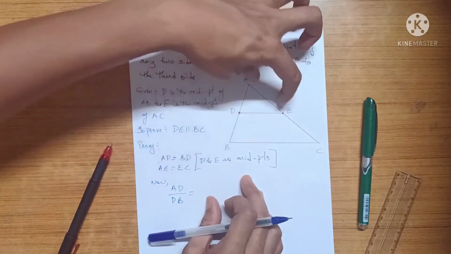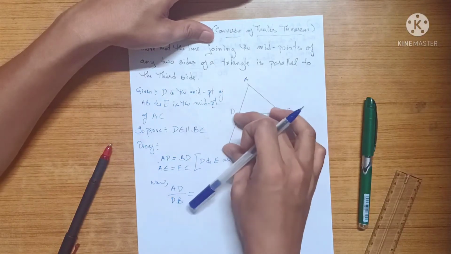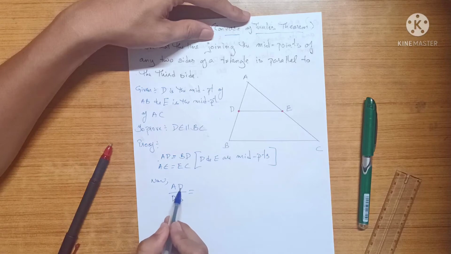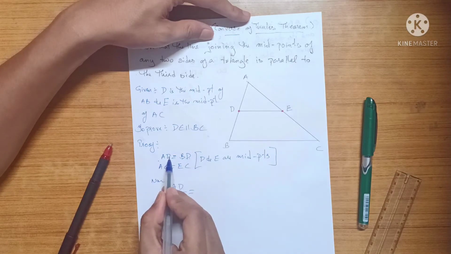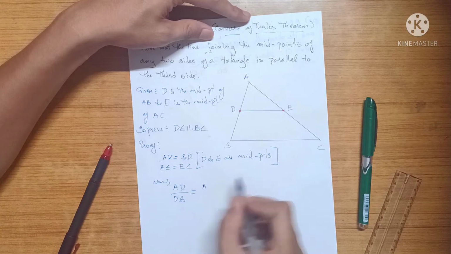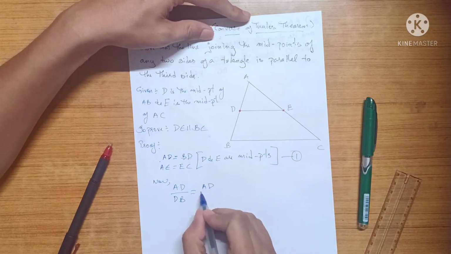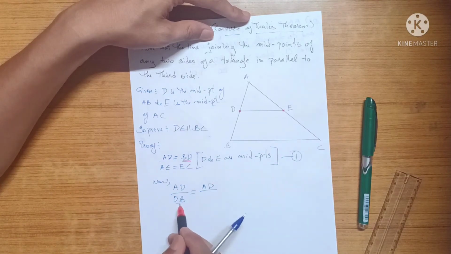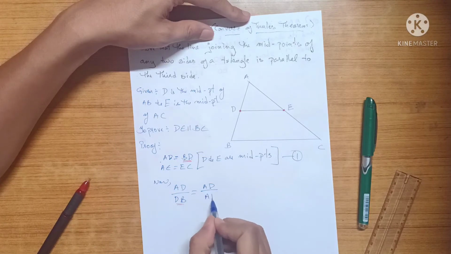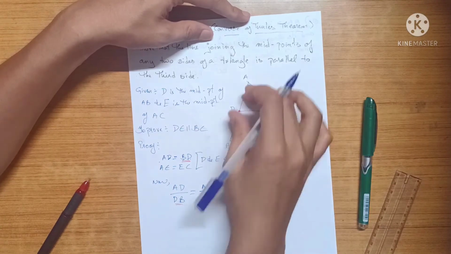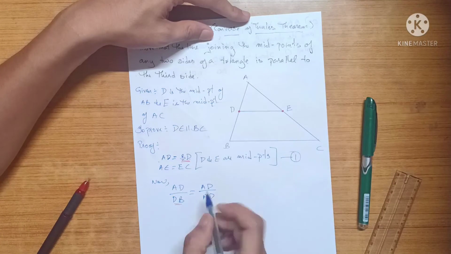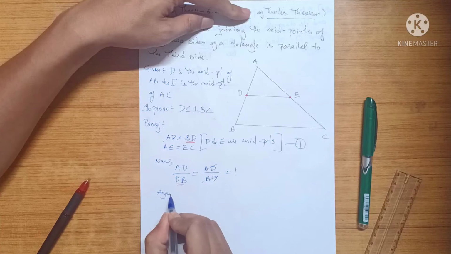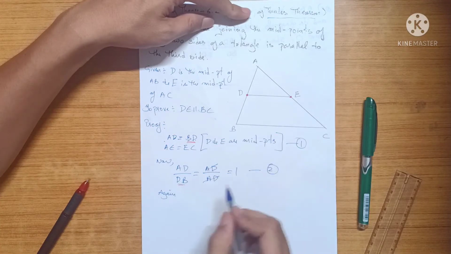So AD by DB equals, now AD is equal to BD, AD and BD are the same, so I can write, let's make this equation 1, AD by AD, instead of BD, which equals 1. Let's make this equation 2 and then write the reasons.